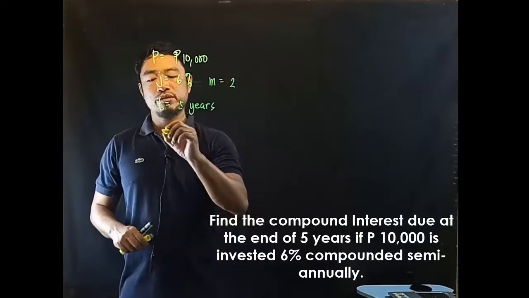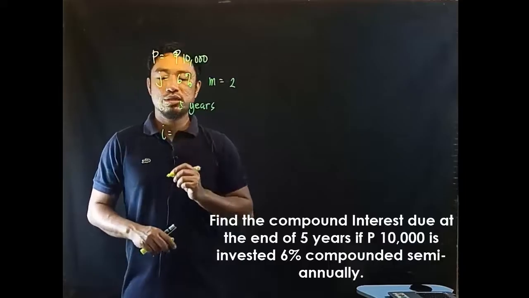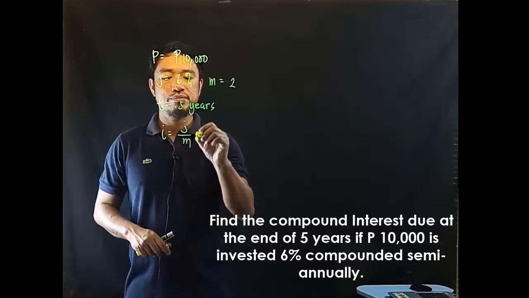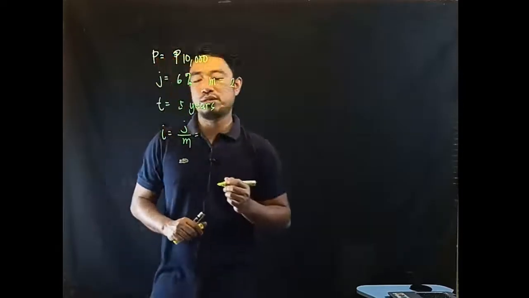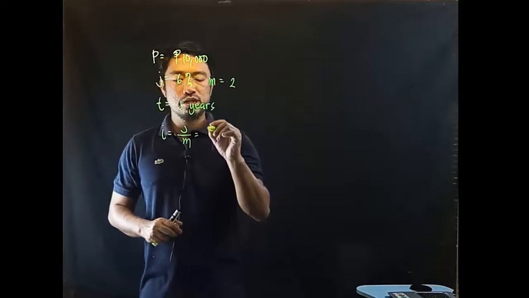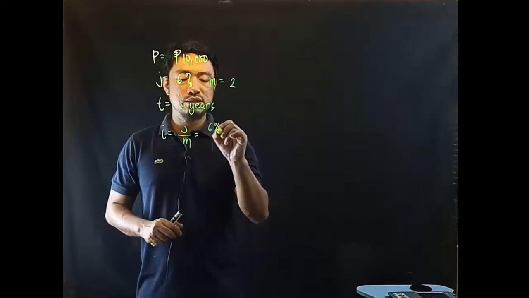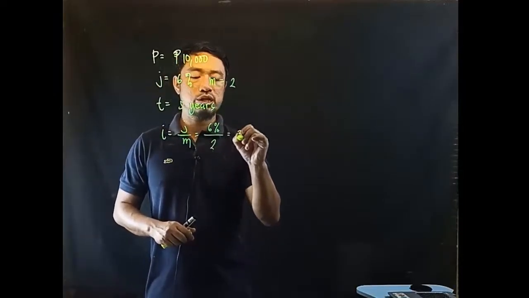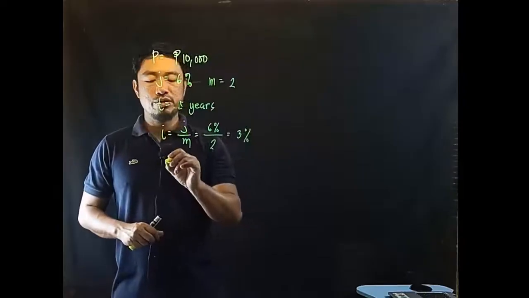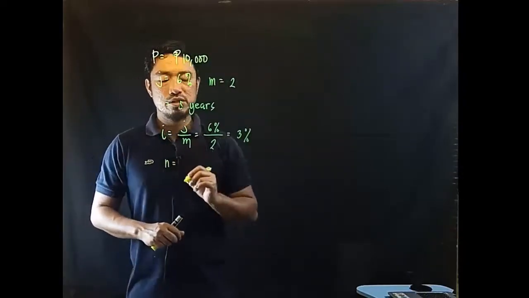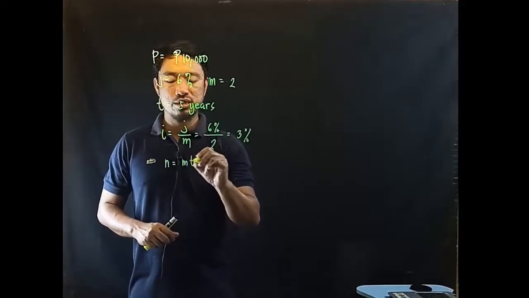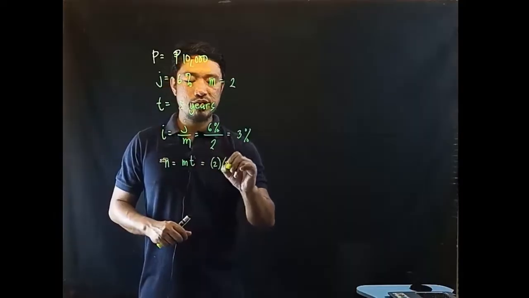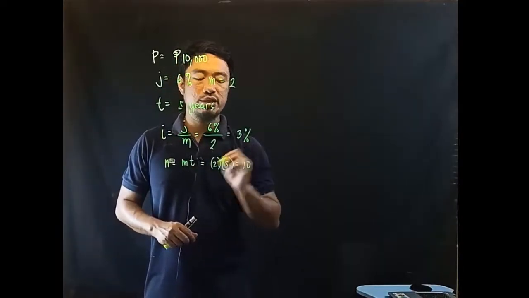First, we're going to determine the value of I, or the interest per compounding period. So that's J over M or R over M in other references. So J is 6%, M is 2, so this is equal to 3%. Then determine the value of N. N is equal to M times T, which is equal to 2 times 5 equal to 10.